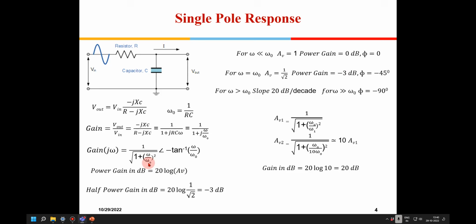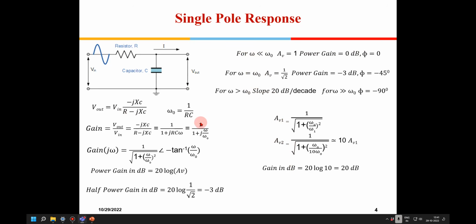Phase is 0, because this is negligible, right? Omega is much lesser than omega 0, so this is tending to 0, and tan inverse 0 is 0, right? So is this top line clear to all of you? These 3 conditions we need to look at very carefully in order to understand. The top condition is okay.